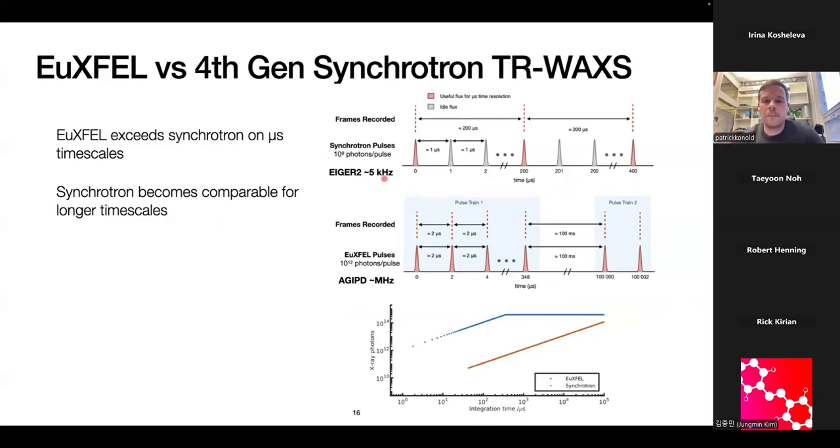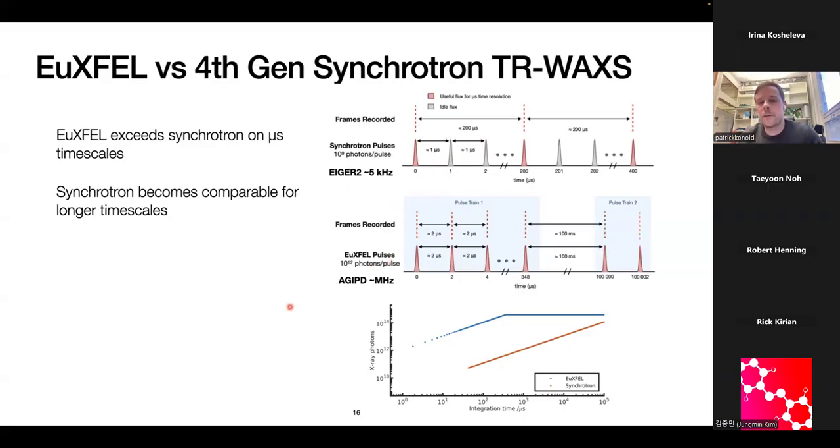So you see on top, in this case, we assume the Agipd detector running at 5 kilohertz, giving you this 200 microsecond integration time. On the microsecond time scale, you're unable to use all of the flux, right? So you have this idle flux in between the readout of the detector.